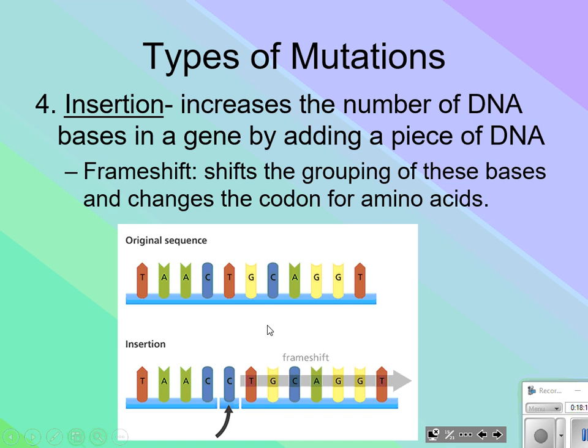Can you see on here that now this codon was C, T, G. Now we've got C, C, T, and we've shifted every other one down more and more and more. Okay, a frame shift shifts the grouping of the bases and changes the codons for the amino acids.